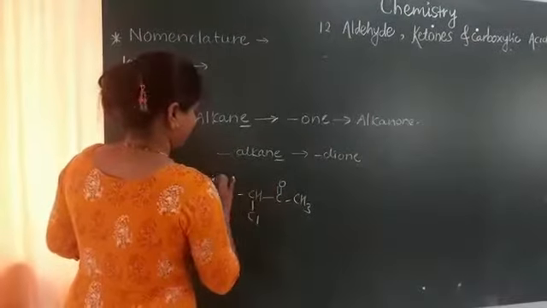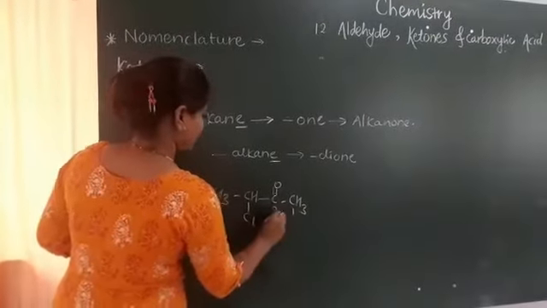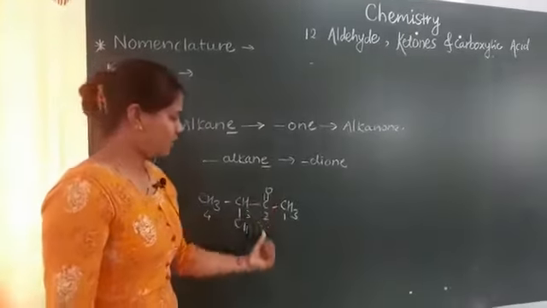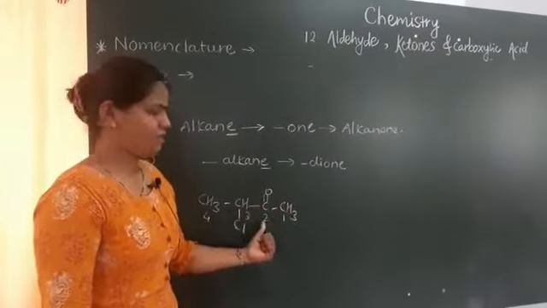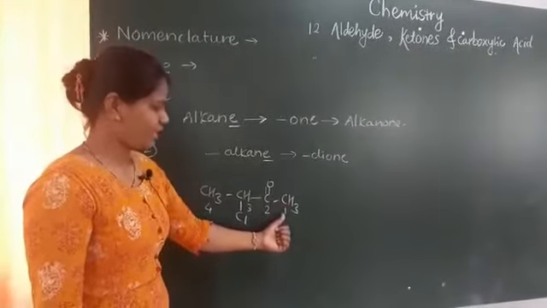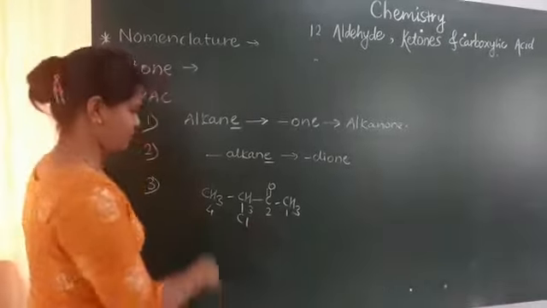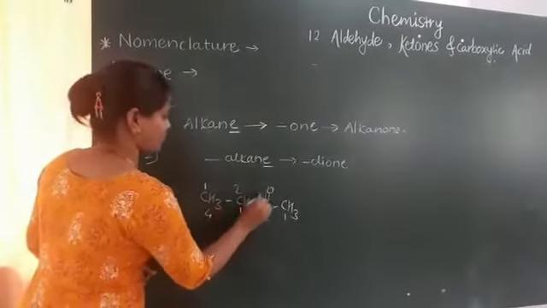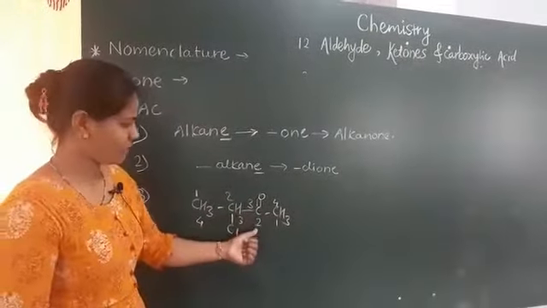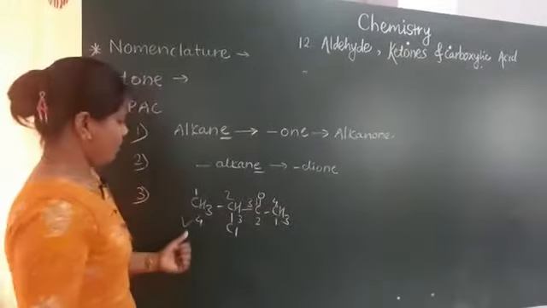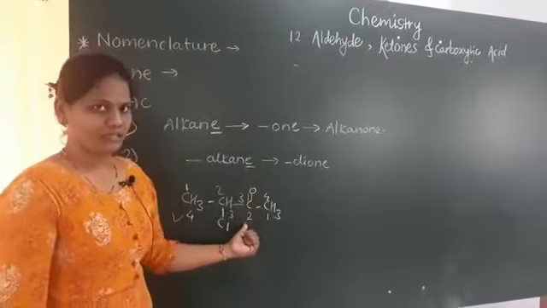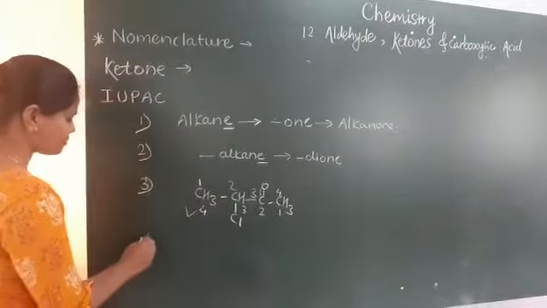Now here we have to use the numbering system 1, 2, 3. From whichever side the ketonic carbonyl group is near, from that side we have to start giving the number. Then from this side it will be near, that is on the second position. Suppose we give the number from this other side, then it will be third. So always we have to select the numbering from the side the ketonic carbonyl group is near. This is the third rule.